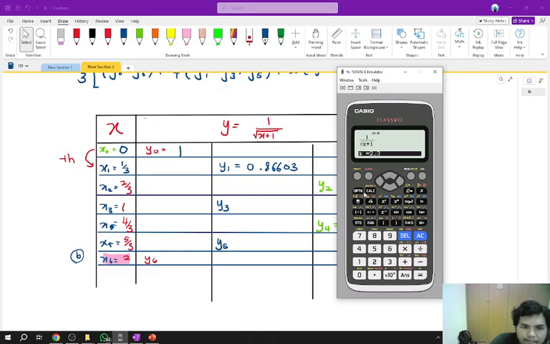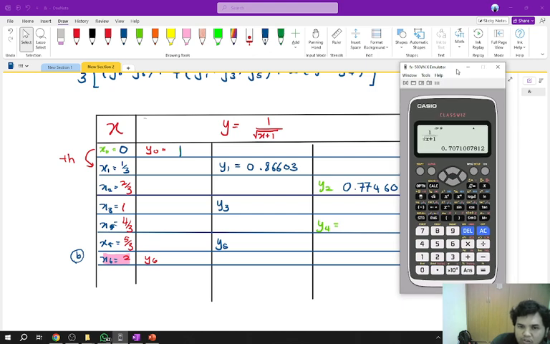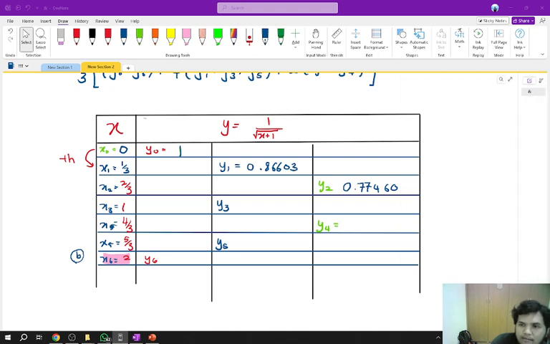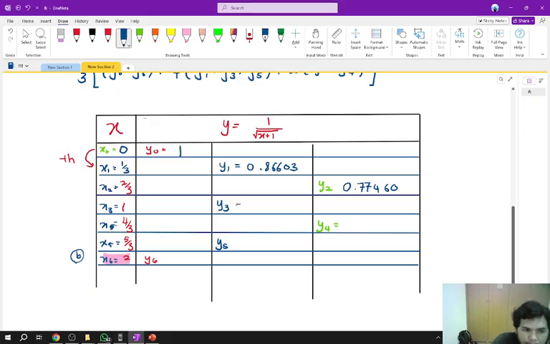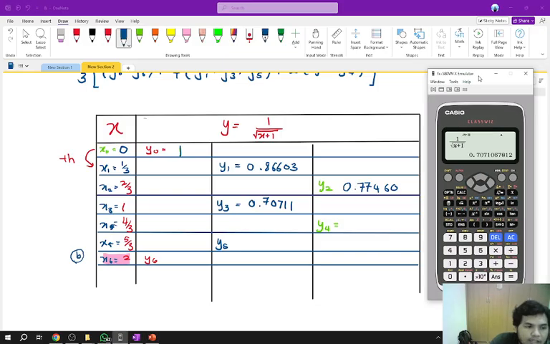So calculate 1, we get 0.70711. Continue until y6.